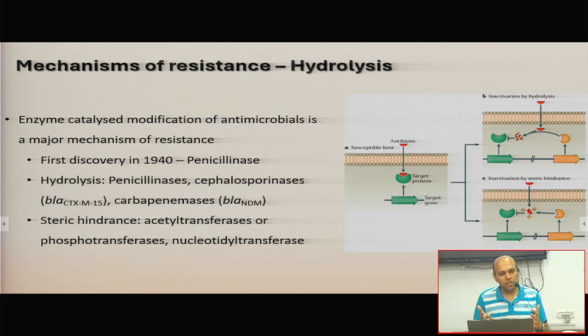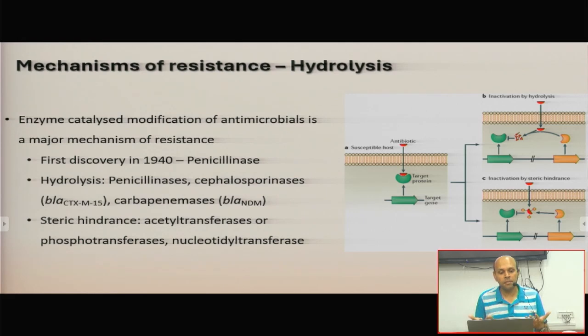So the next one is the mechanism of resistance by hydrolysis. Everyone knows what hydrolysis is, right? Enzyme-catalyzed modification of the antimicrobial is a major mechanism of resistance. The first discovery, in 1940, was of penicillinase, the enzyme. I don't need to tell you what penicillinase is going to do.